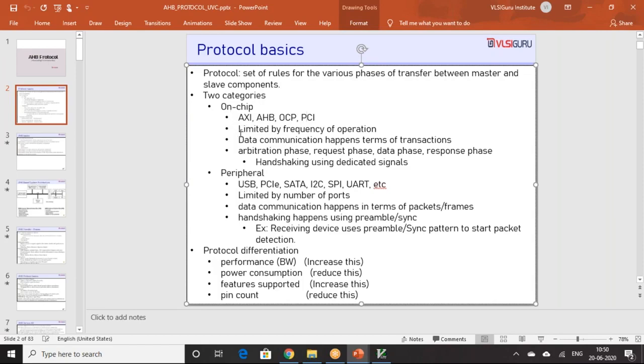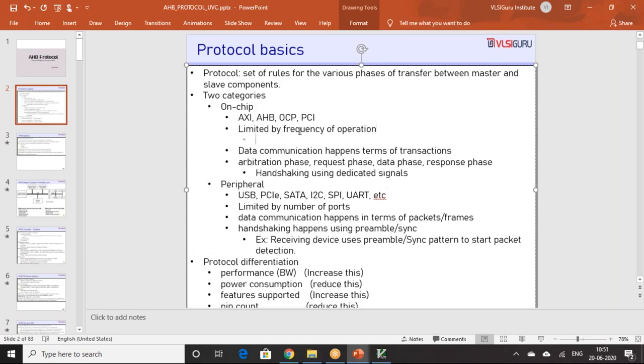The major problem with on-chip protocols is they're limited by the frequency of operation. When you buy a mobile phone, it will come with a specific frequency, right? It will say it can be operated at a 1 gigahertz processor, or you'll see a 1.5 gigahertz quad core processor, something like that. That is where we are talking about the frequency of operation. Does it mean that AHB can't run beyond that frequency?